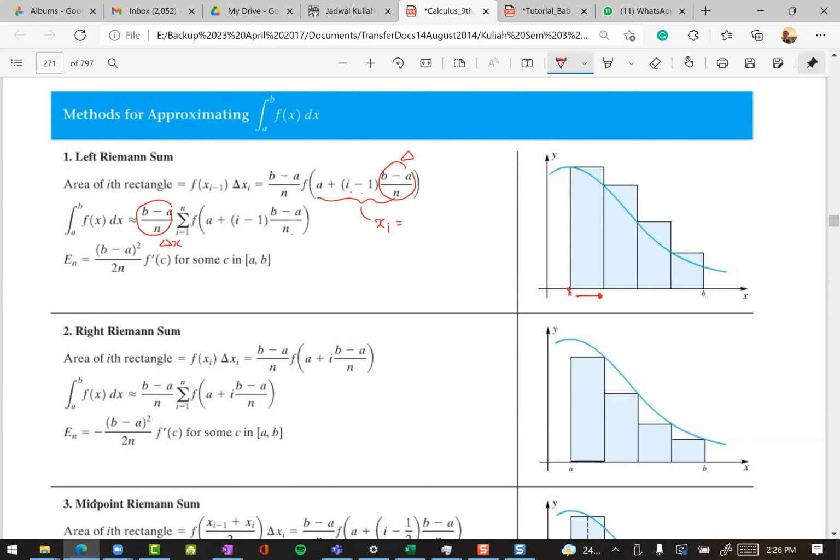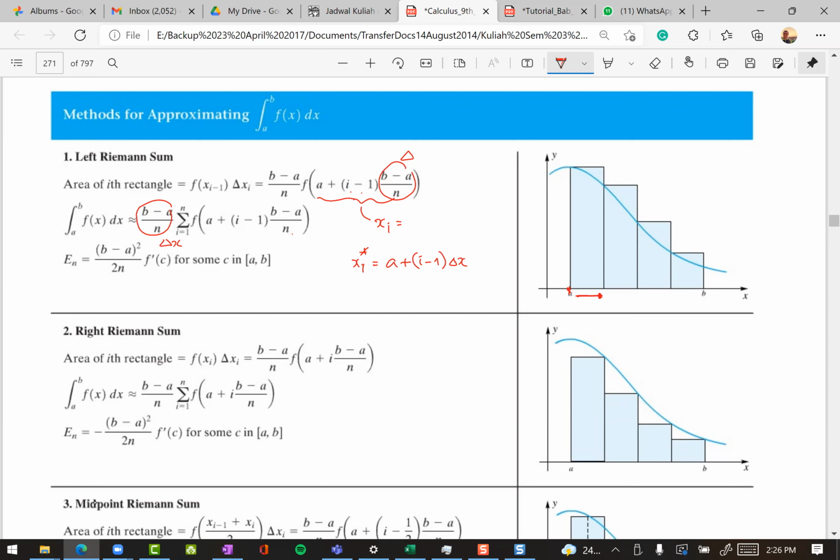So x_i is a plus, in this case, (i minus 1) times delta. So it's just delta x because it's all the same thing. Okay, so this is the formula.